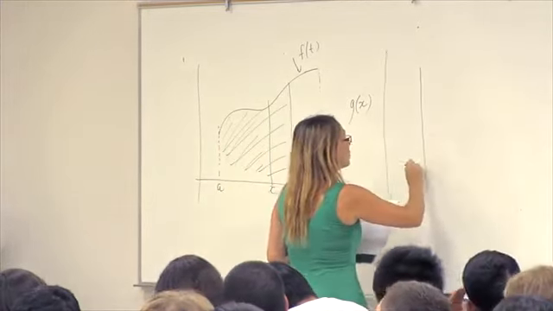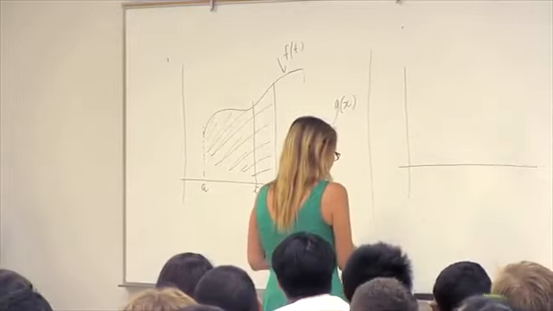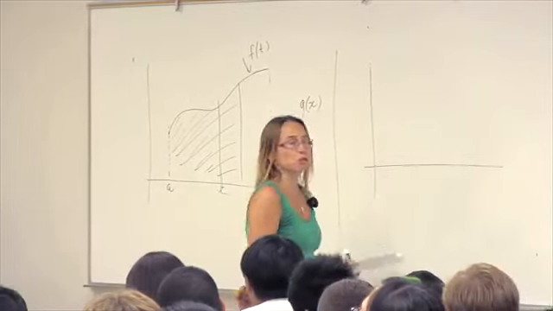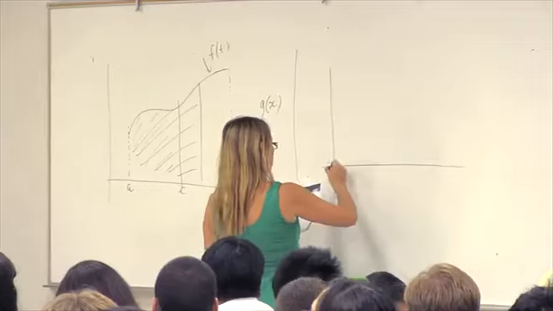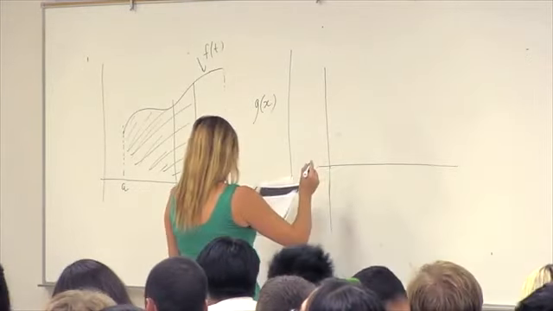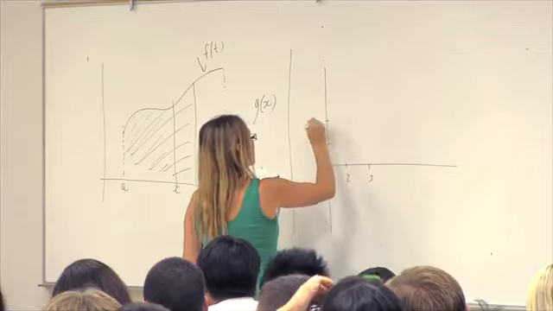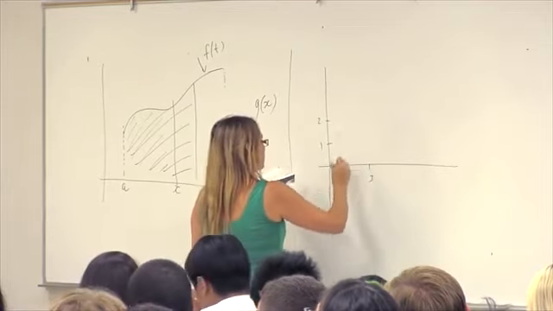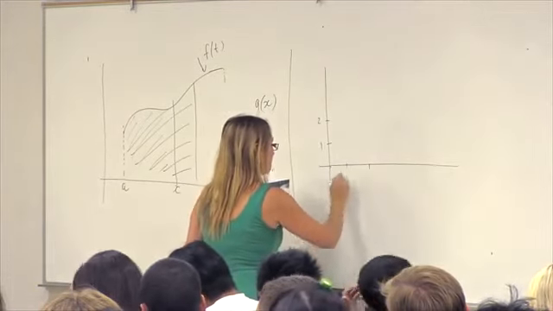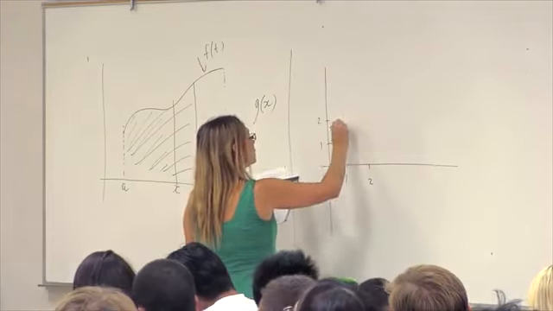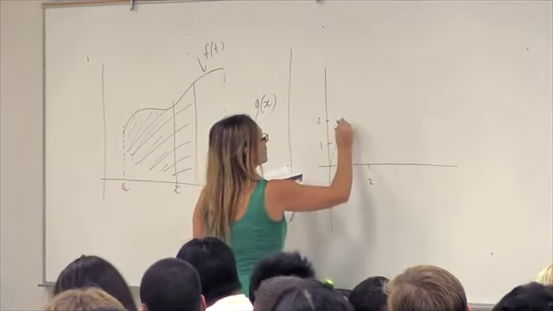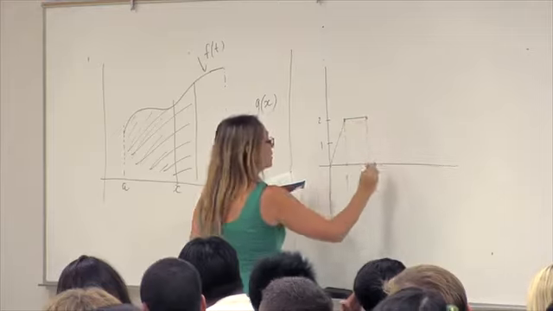I give you an example of f, but that makes it simple to draw g. So let f have the following shape. Goes like this. It's a piecewise linear function.